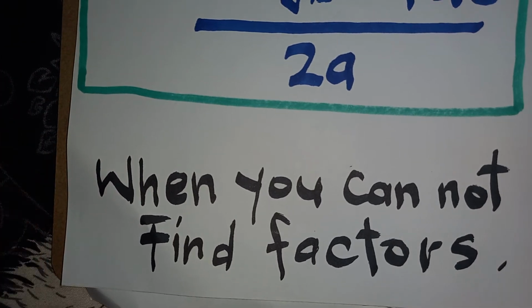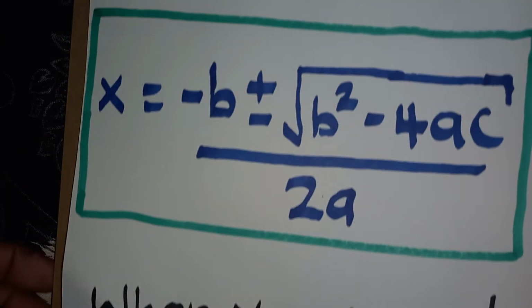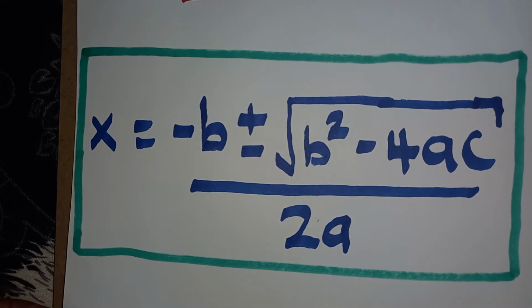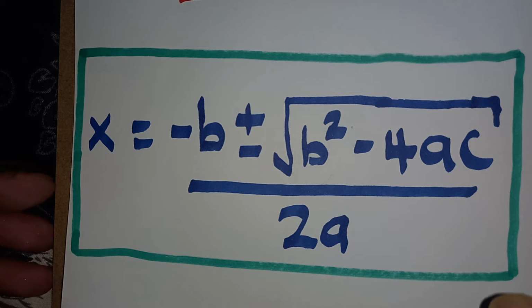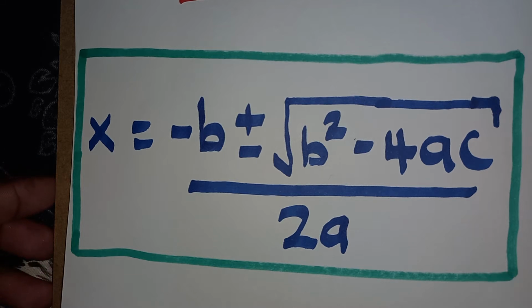If you are given any quadratic equation and you are not able to find two factors that will add to give the middle term and multiply to give a times c, the first term and the last term, then you can always use the quadratic formula to find the factors or even solve the quadratic equation.